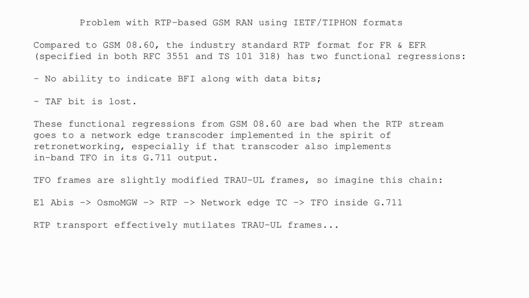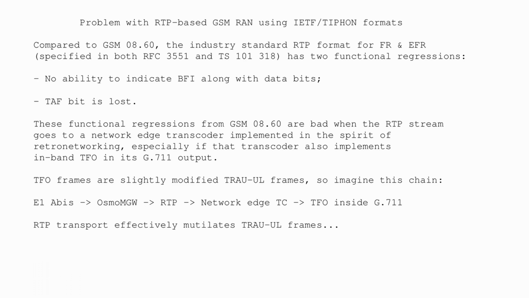But the TFO frames, once you've done the in-band signaling successfully, once you've negotiated that the transcoders on both sides use the same codecs, and they agree per the in-band protocol to enable TFO, once the enable switch is thrown, you will start getting these TFO frames being emitted. And a TFO frame is just a very slightly modified TRAU UL frame.